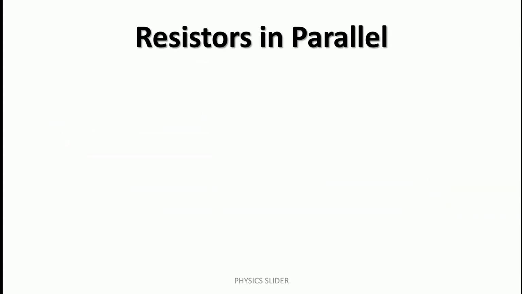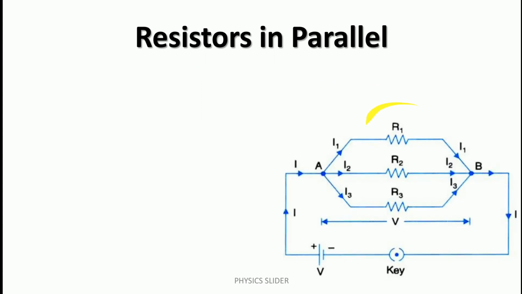Now let's talk about the resistors in parallel. How to connect the resistors in parallel? Watch here. These three resistors R1, R2 and R3 are connected in parallel. How to connect them in parallel?